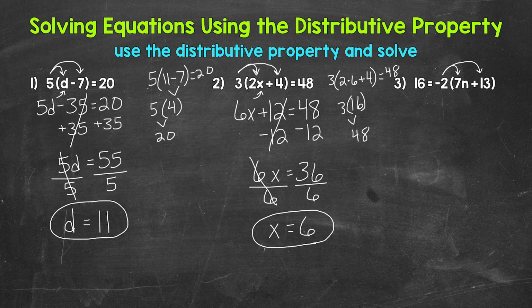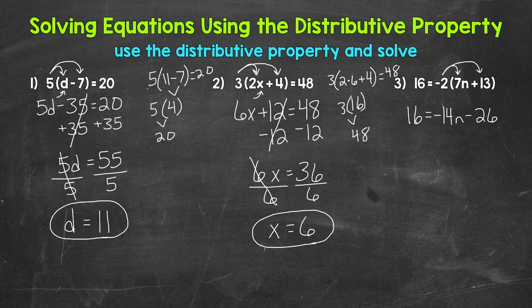So -2 times 7n gives us -14n, and then -2 times 13 gives us -26. So we have -14n minus 26 on the right side equals 16 on the left side.